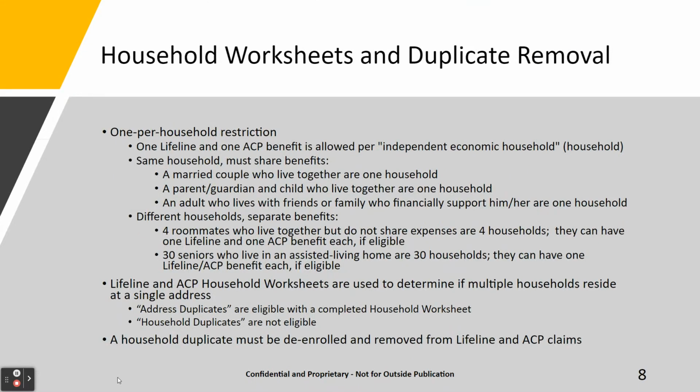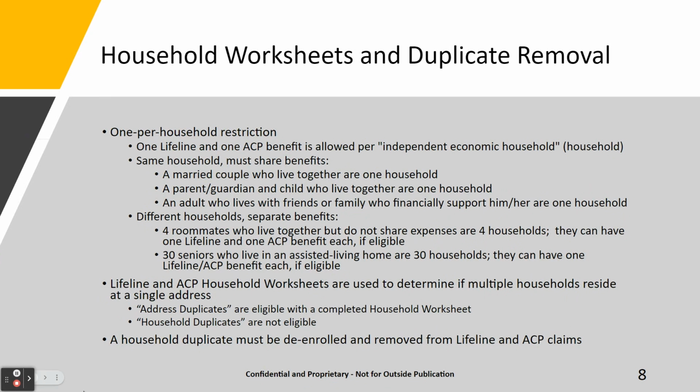The next area that we're going to cover is duplicates, household worksheets, and duplicate removal in particular. For both Lifeline and ACP, the rule is one per household. That is, one Lifeline and one ACP benefit is allowed per independent economic household. Household is defined as a group of people who live together and share income and expenses, even if they are not related to each other.